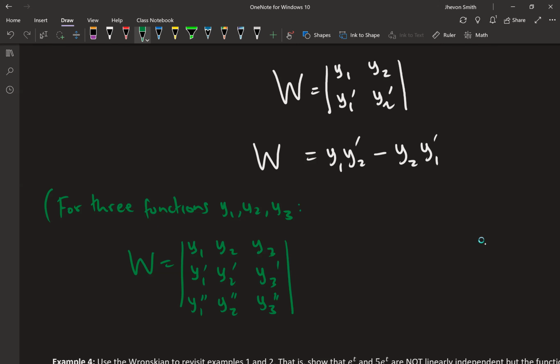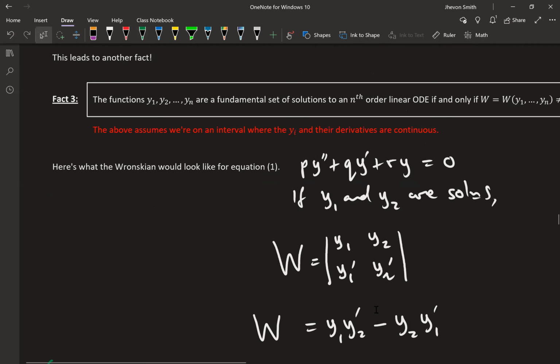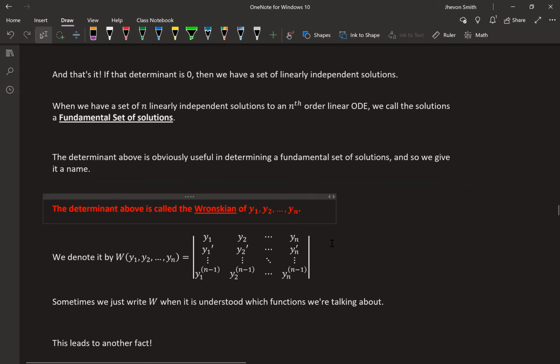And you stop at the double prime because you want it to be a square matrix. You want a 3 by 3 matrix. And you do this for all orders. So if you have 4 functions, you just take derivatives 3 times to get a 4 by 4 and so on. You can actually construct a Wronskian by this construction that I mentioned here.